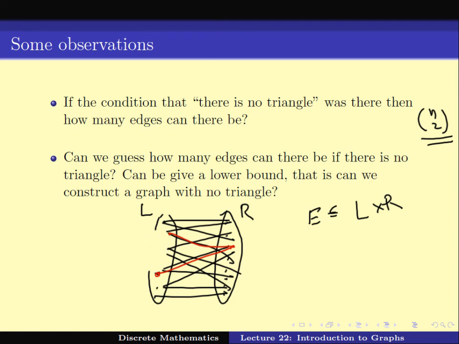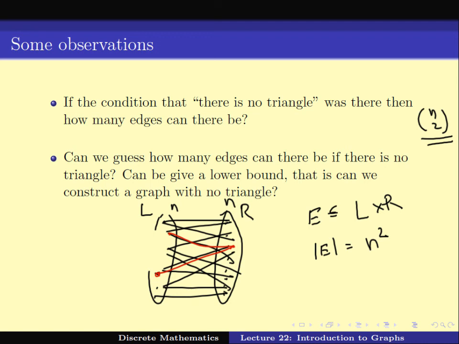So this graph cannot have a triangle. And how many edges are there in this graph? There are n vertices here, n vertices here. All the pairs can be there. So the number of edges can be n square. So here is a graph which does not have a triangle but has n square edges.